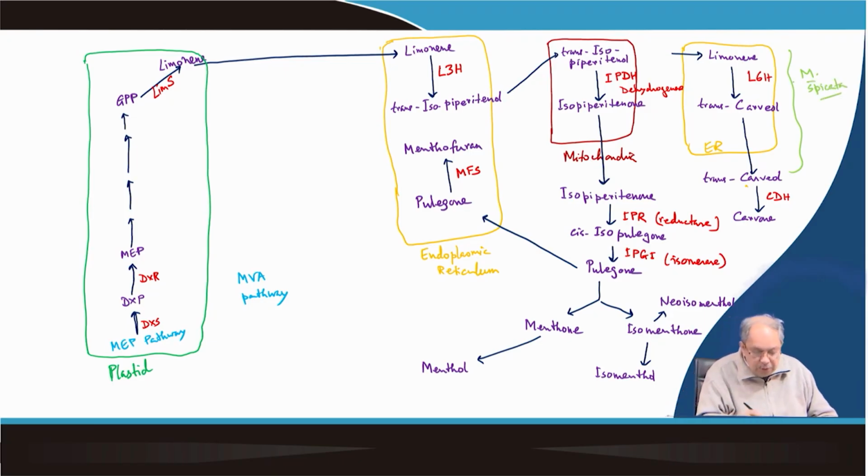Whereas, the other pathway is operating in Mentha piperita, the peppermint. So, this is basically, in brief, in the most simplified way, how I represented the pathway of menthol and carvone biosynthesis. Okay, one important enzyme I must put, which is menthol reductase.